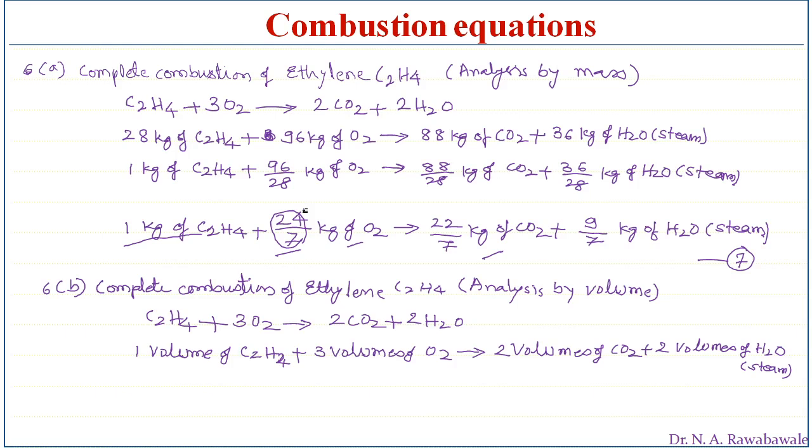Air contains oxygen, and the percentage of oxygen in air by mass and volume is known to us, and depending on it, we can find out the quantity of air required for complete combustion of fuel consisting of certain constituents. If the constituents of fuel are known, then we can find out the actual amount of air required for complete combustion. Thank you.